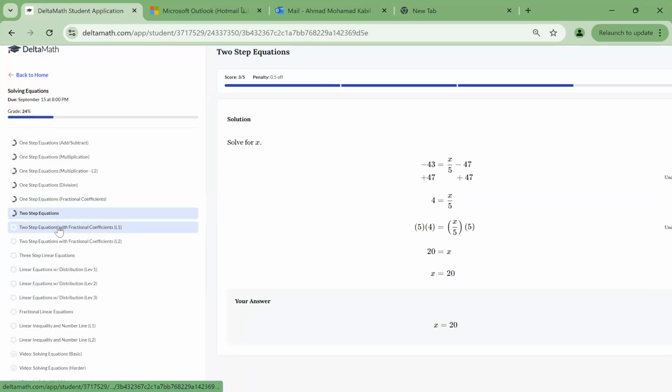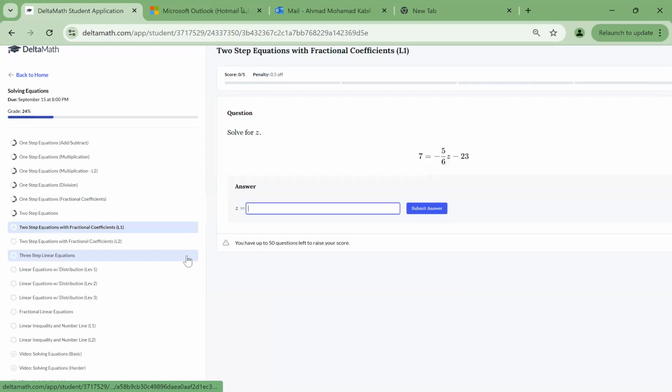Let's move on to two-step equations with fractional coefficients. So in this case, the first step to do is to take the 23 to the other side. So we have 7 plus 23.